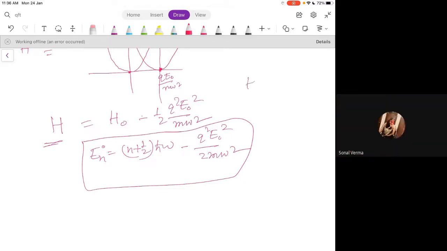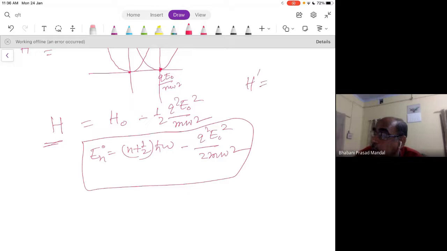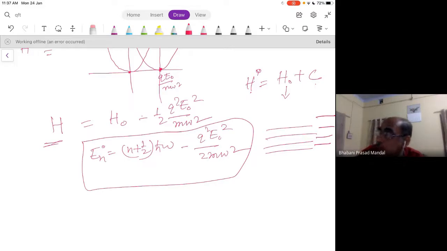If I have a Hamiltonian H equal to say H0 plus C, where C is a constant, and H0 has levels like this, then H will have levels shifted by C. Here C is negative, so we have this term. So this is my new energy.